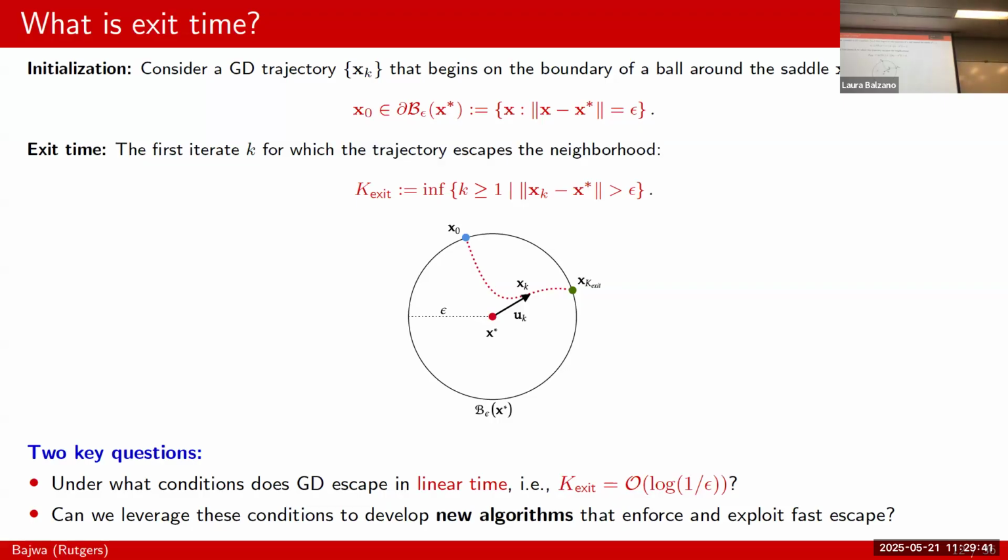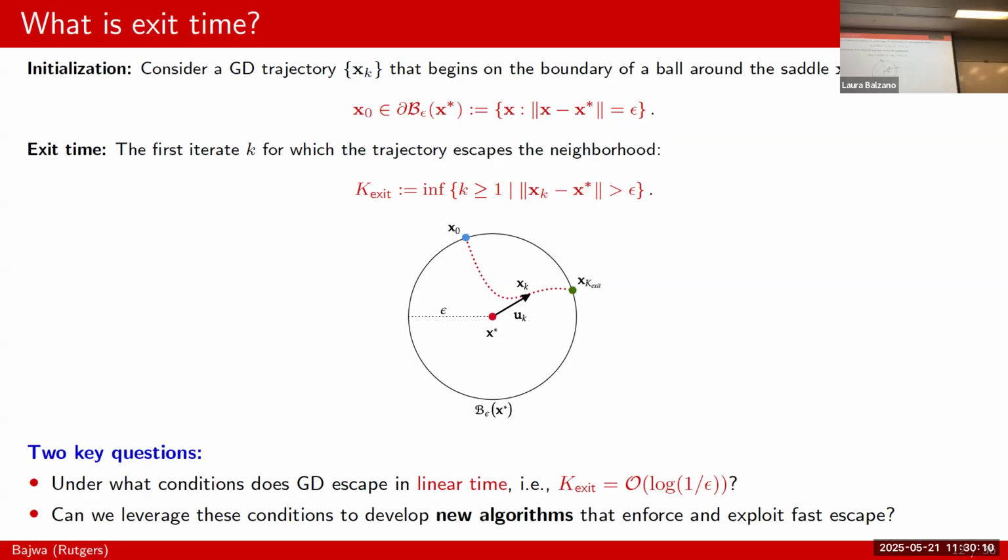Yes, please. In the definition of the exit, why are we using the infimum instead of the largest K? Because this is the first time you leave the ball. Would we also be interested in the longest amount of time during which we can be there? Right, so the longest amount of time could be unbounded. We already know there are pathological examples where you could keep on spending time within that saddle neighborhood, and it could converge to infinity.